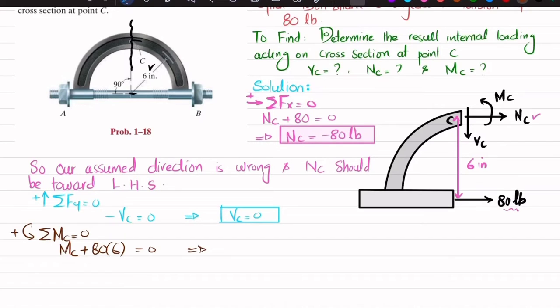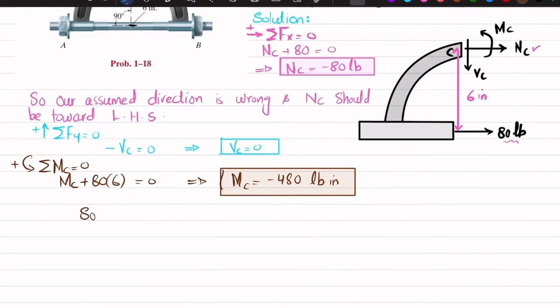So from here you will get MC is equal to minus 480, and the unit will be pounds into inch. So this is the reaction moment, and we can see that this moment comes out to be negative.